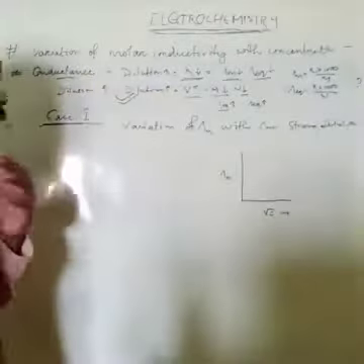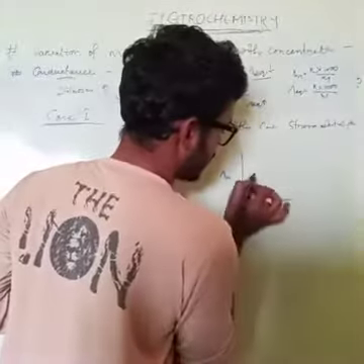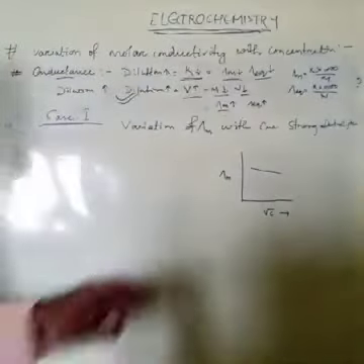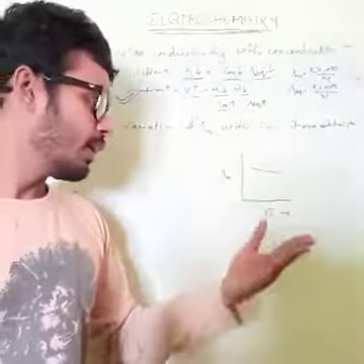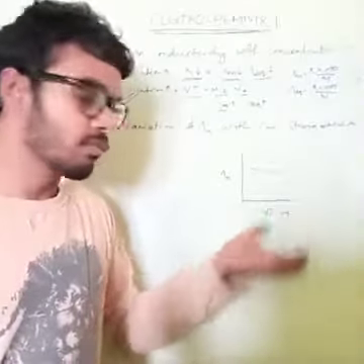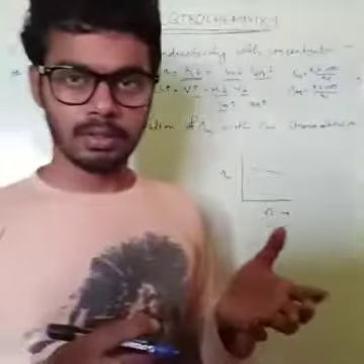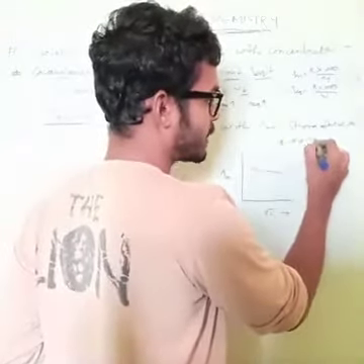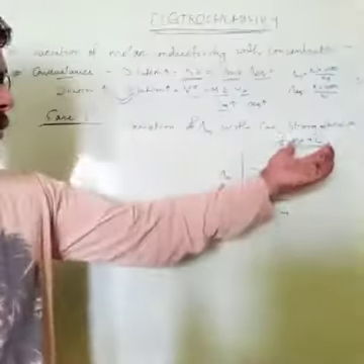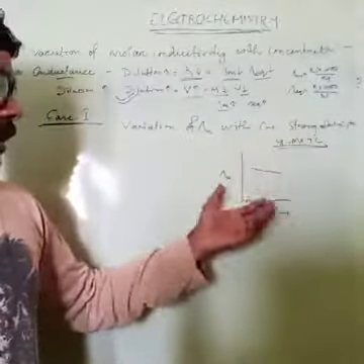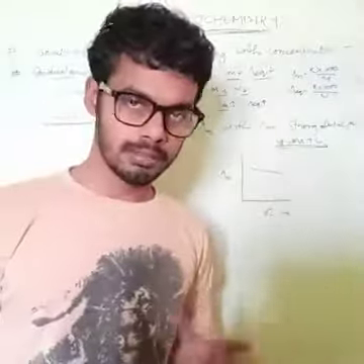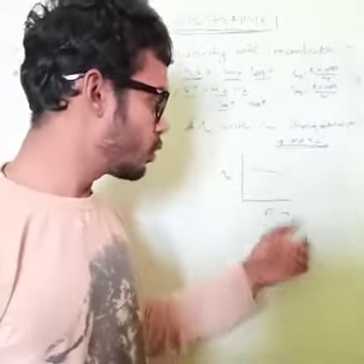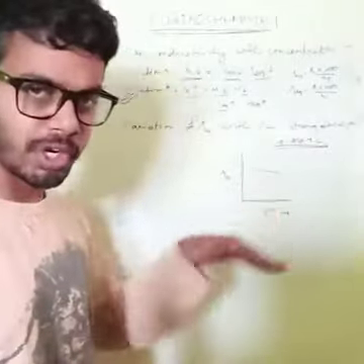When he took root C, he got a straight line, because we need a straight line, then only you can easily calculate, because of y equals mx plus c. We need to formulate this figure so that we can easily calculate what exactly the slope is and what the concentration is. So for that they have calculated the concentration terms as root C. In root C it comes out as a straight line. Okay.